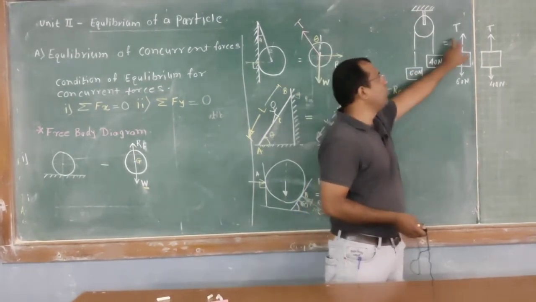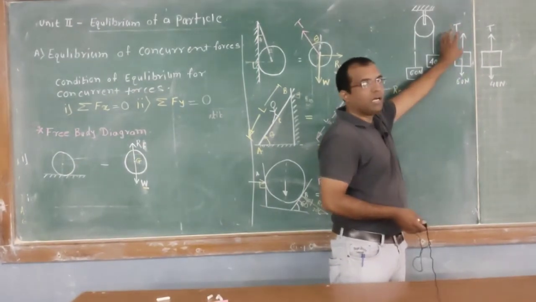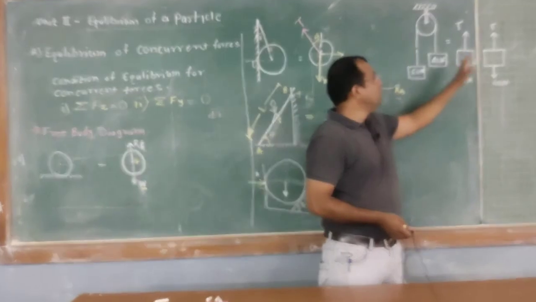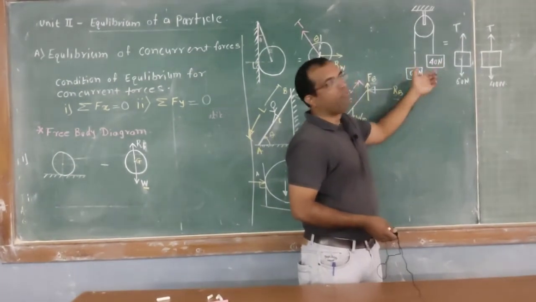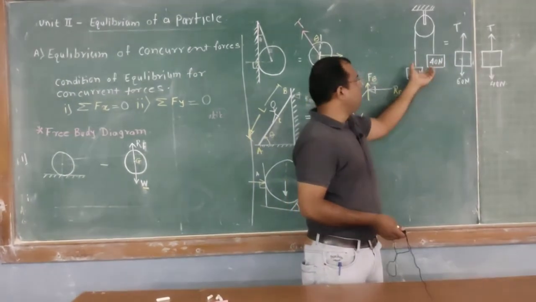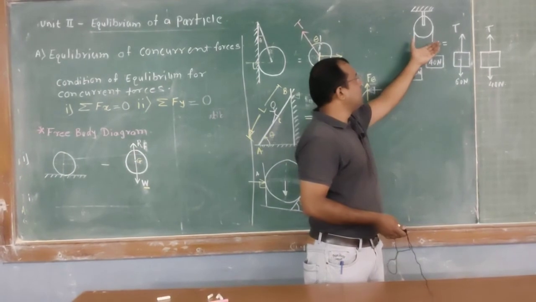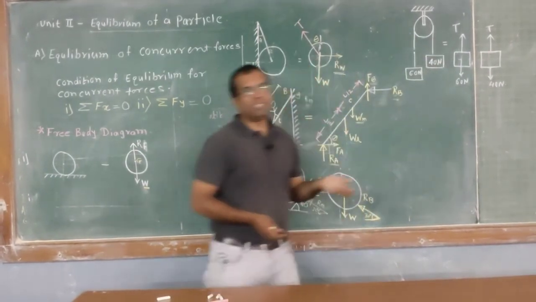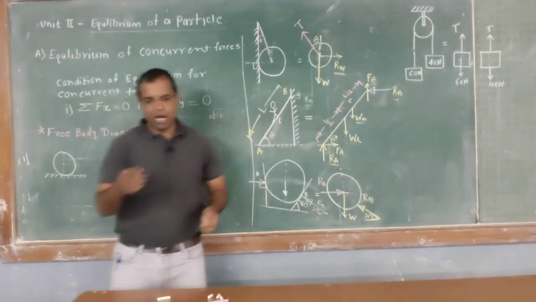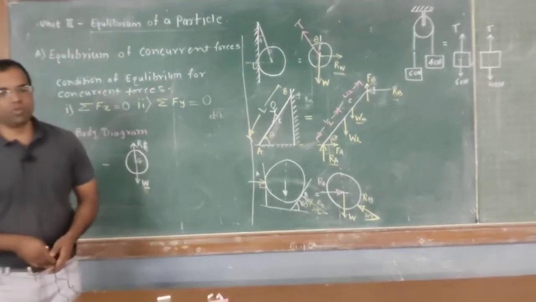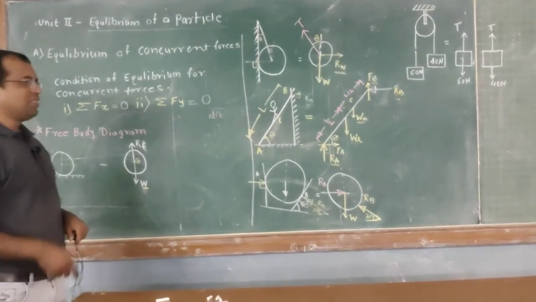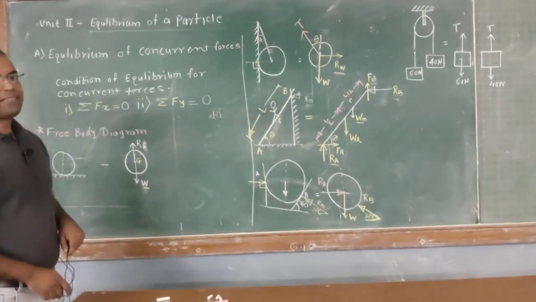So therefore I have noted this notation, so keep the notation the same, T and T. Okay, so this is the free body diagram for the hanging body. Okay, so these are some examples; today we have discussed the free body diagram. So you try to draw some free body diagrams on your own and submit them in the next lecture.